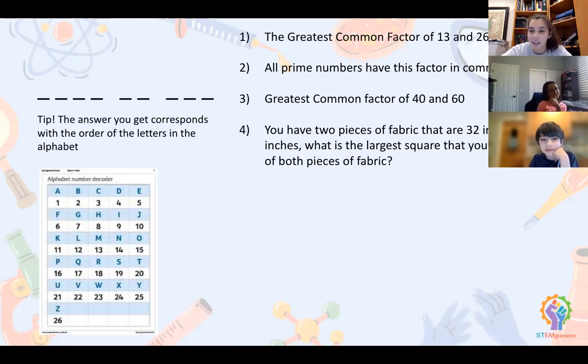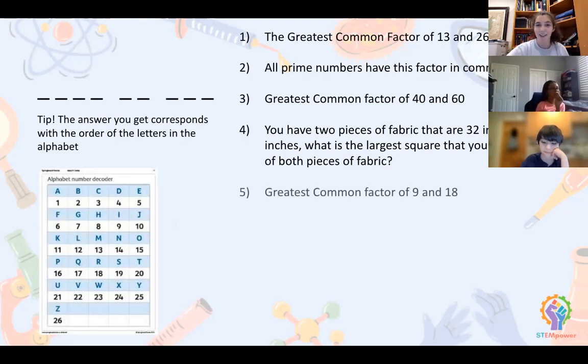Yeah. I was thinking 12, but I don't think that will work. Yeah. Not for 32. Yeah, it does work for 24, but not for 32. 2? 4. 4 is one, but wait, not 8. The greatest. 8? Yeah, 8, exactly. So 8 corresponds to which letter? H. So math. H. Yeah.